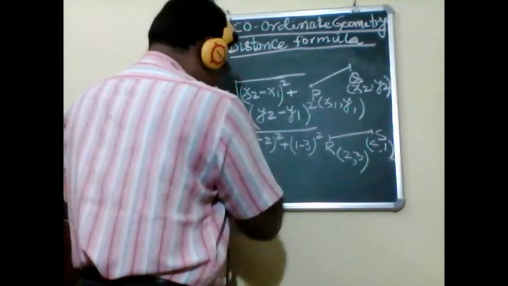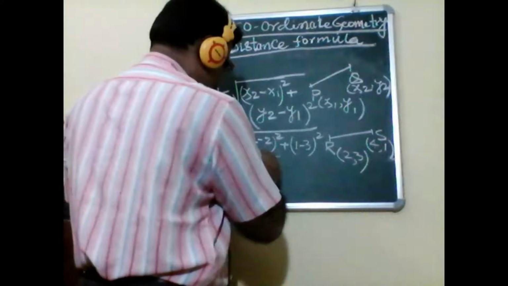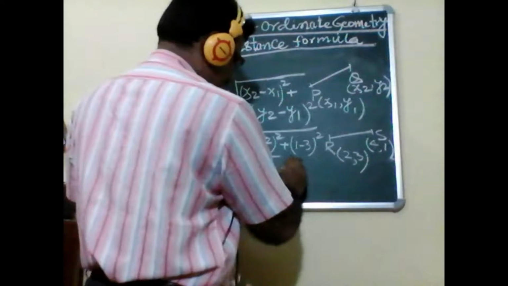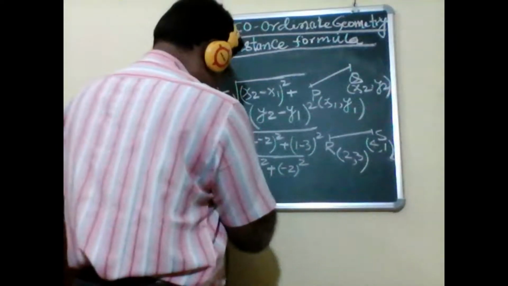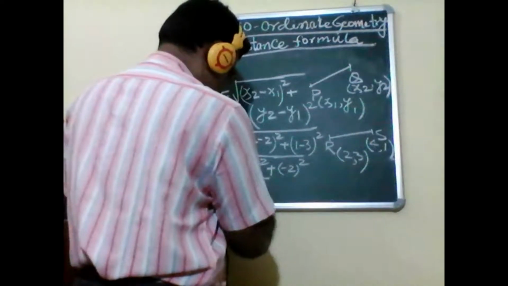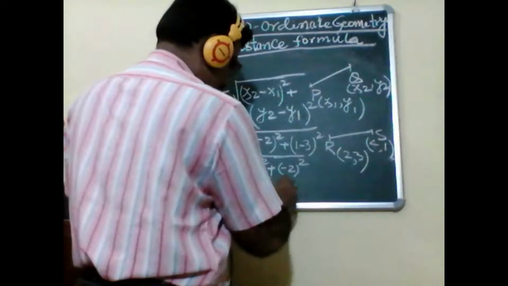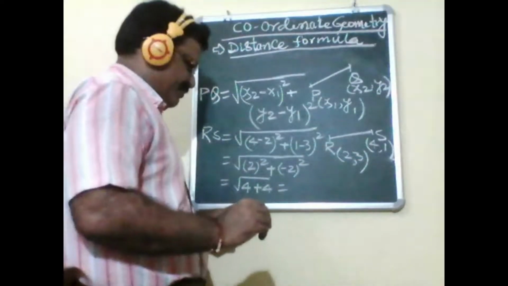So we can write 2 square plus 1 minus 3, that is minus 2, square. So this is under root 4 plus 4, because the square of a negative becomes positive.